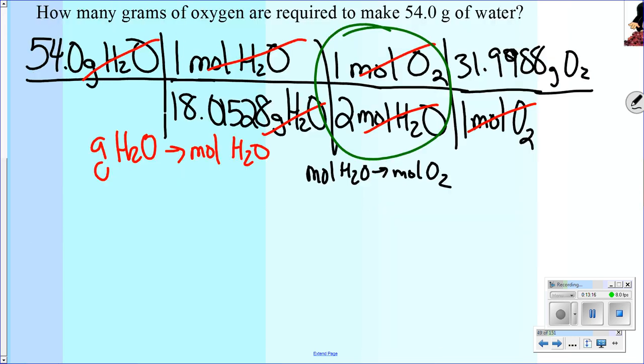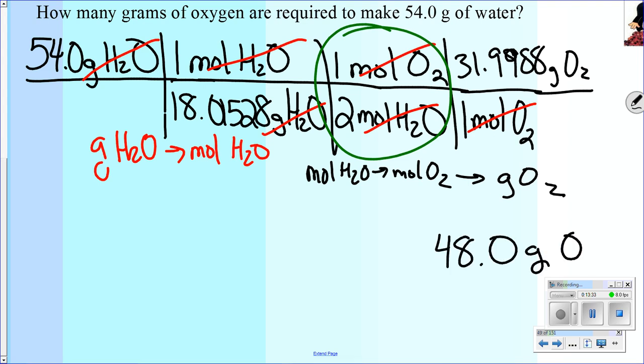And then in my last step, I'm turning my moles of O2 into grams of O2. And with 3 sig figs, we get 48.0. I've gotten 47.957, so that's going to round with keeping my 3 sig figs.